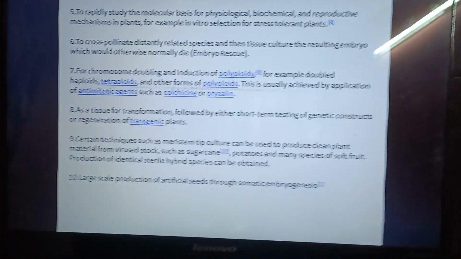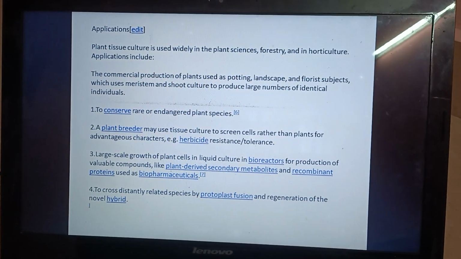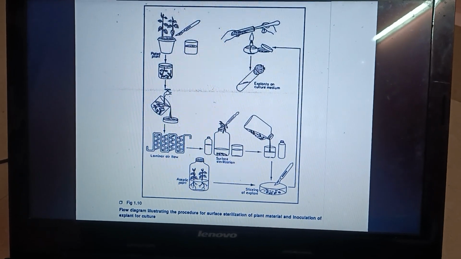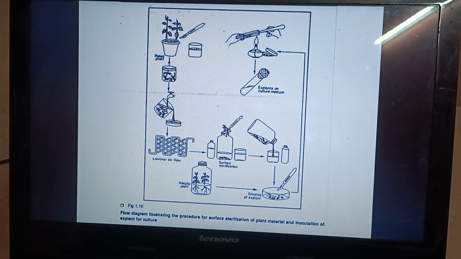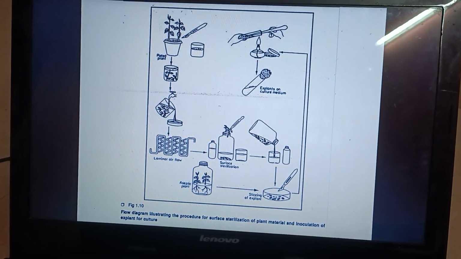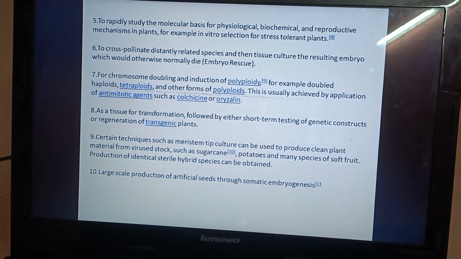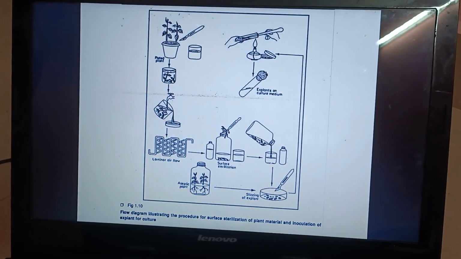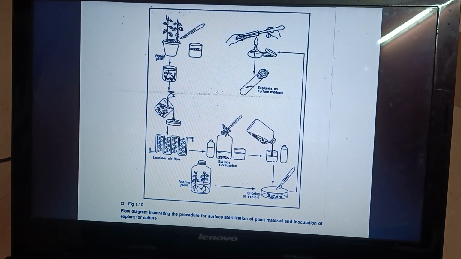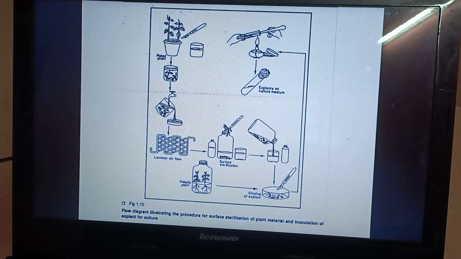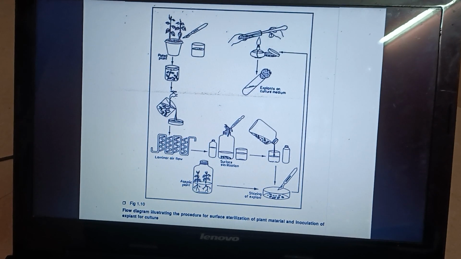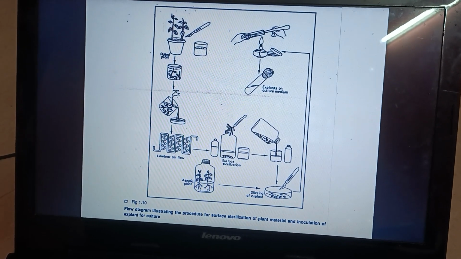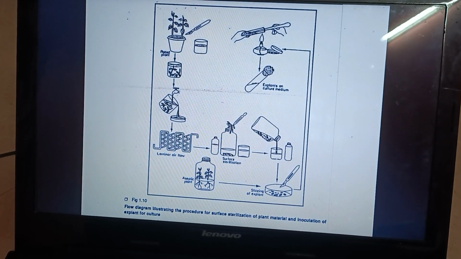See, this is the flow diagram of the procedure of doing surface sterilization. First, they choose the explant and wash it with water, and then again wash with tap water.